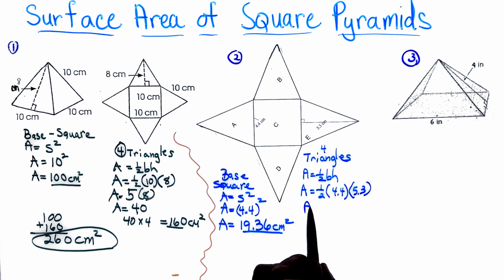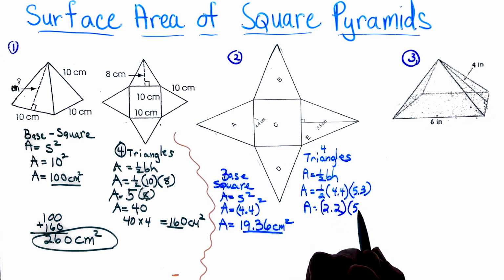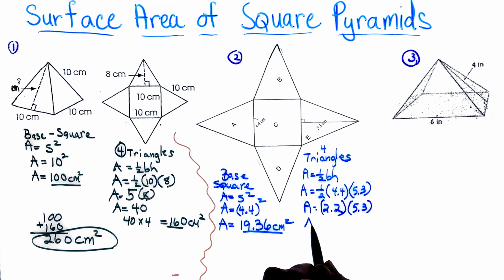Okay, so area is equal to 1/2 of 4.4 is 2.2. And we're going to multiply that by 5.3. And we will find the area of just one of the triangles. And so one of the triangles is 11.66 or 11 66/100.